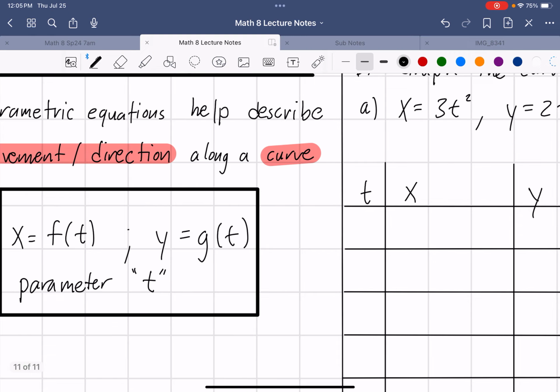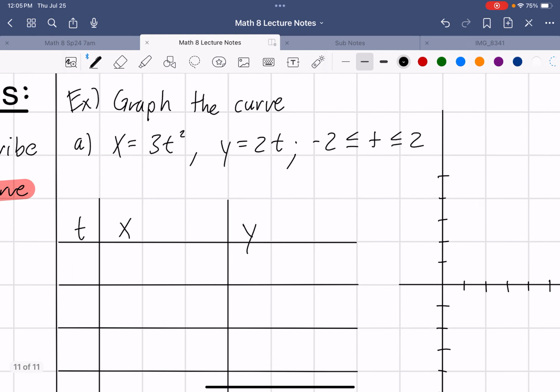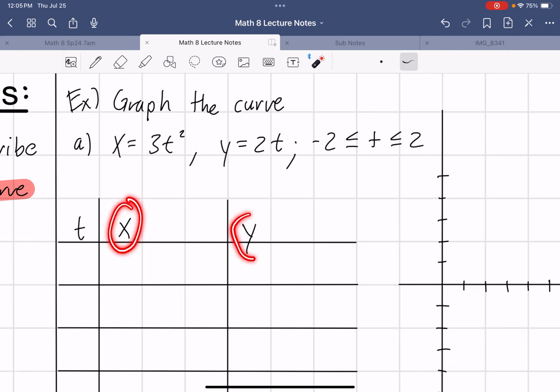So let's look at an example. I have it written out here already. If you notice, we have our x and y table, but we're going to add this column of t because this is our parameter. And we want to go in this direction, meaning that we want to go from smallest to largest.